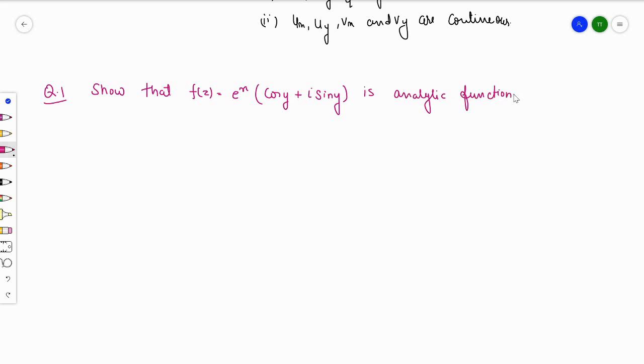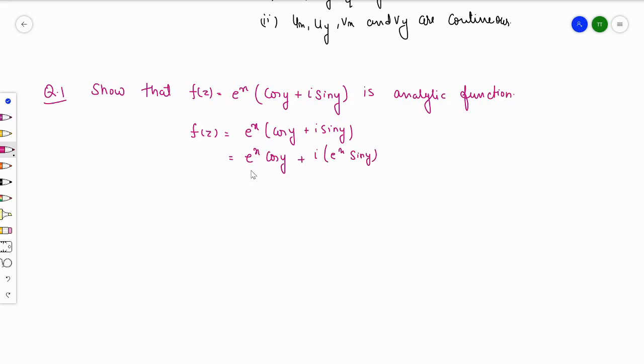So what we will do, first of all, we will write f of z as e raised to power x cos y plus i e raised to power x sin y. We will write the real part separately and the imaginary part separately.